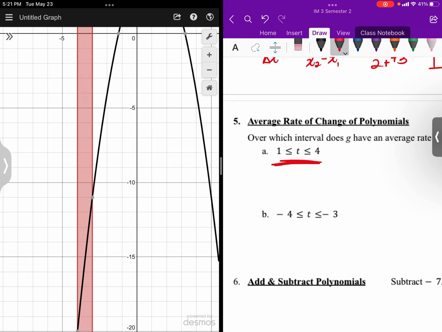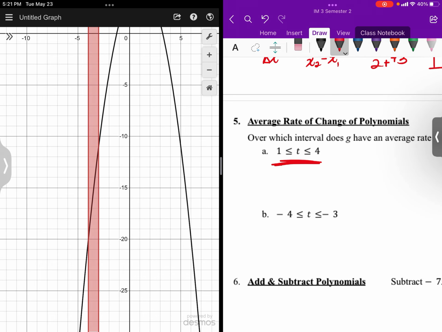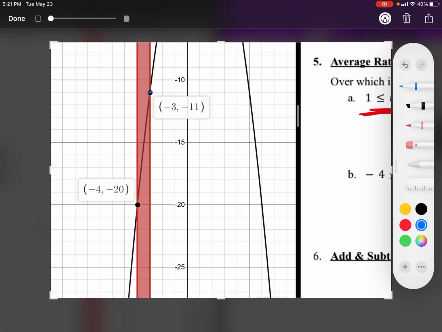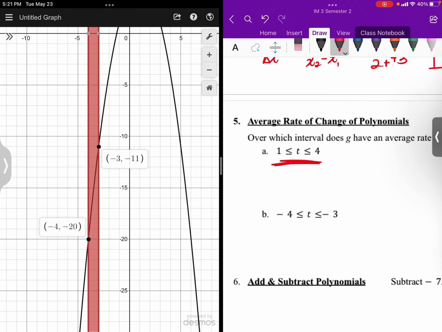Here is our interval, negative 3 and negative 4. And this one is a positive slope, right? It's going from here to there. That is a positive slope, and that's not what we're looking for. So this one was negative, this one was positive, and we're looking for a 0.